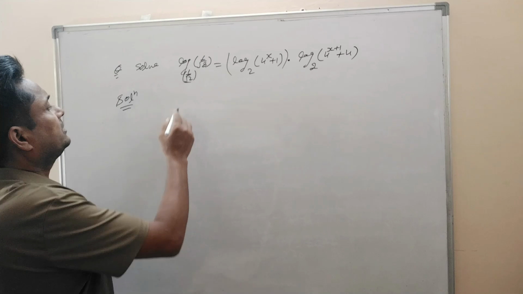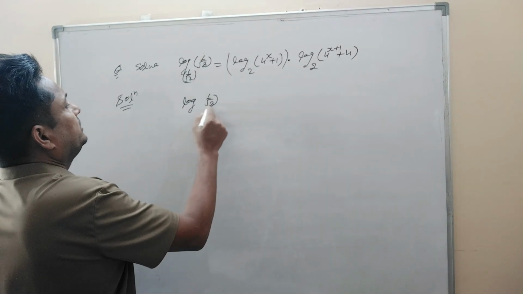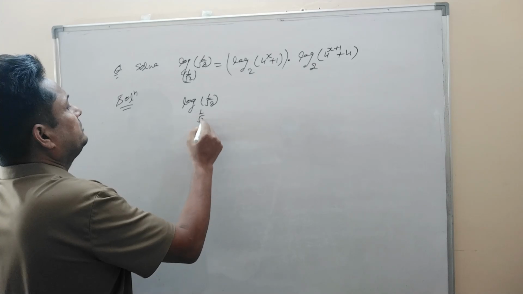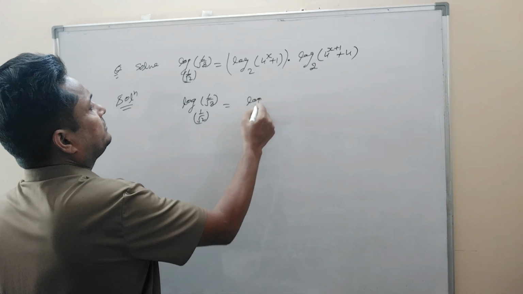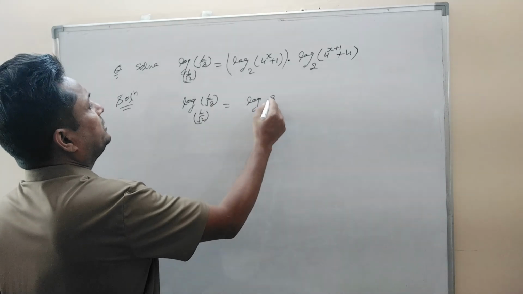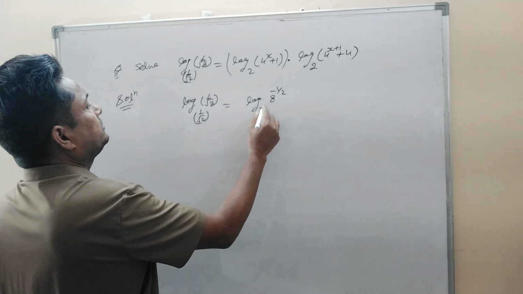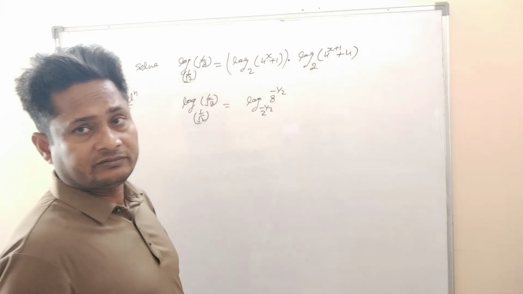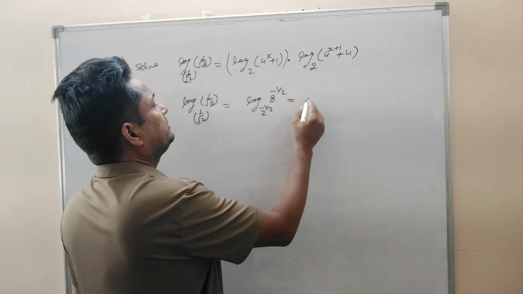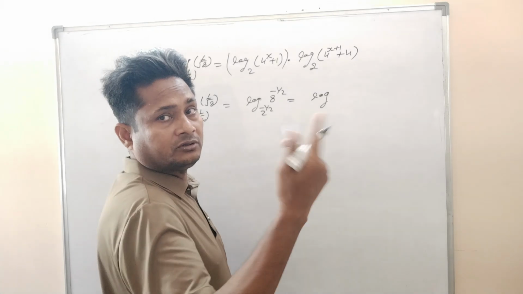So log of 1 by root 8 base 1 by root 2 can be written as log of 8 to the power minus 1 by 2, and the base can be written as 2 to the power minus 1 by 2. I am simplifying the left hand side first. Log of 8 can be written as 2 to the power 3.